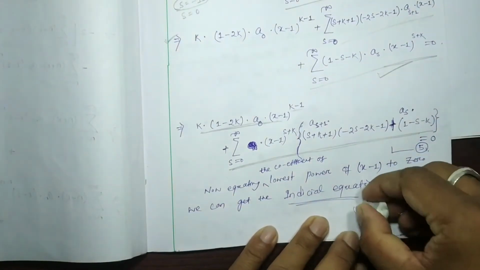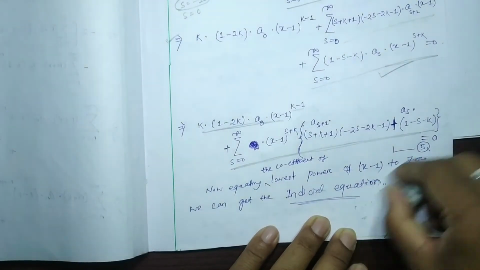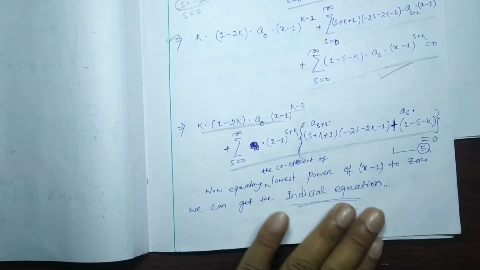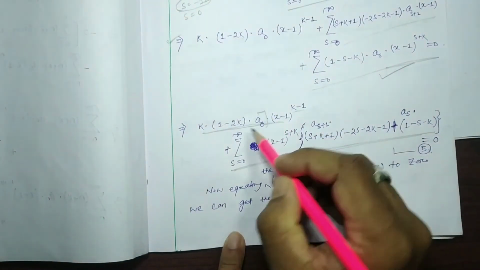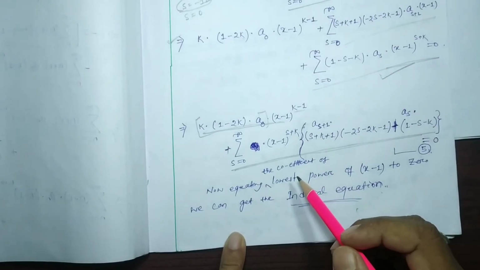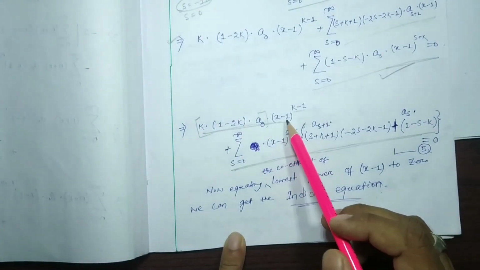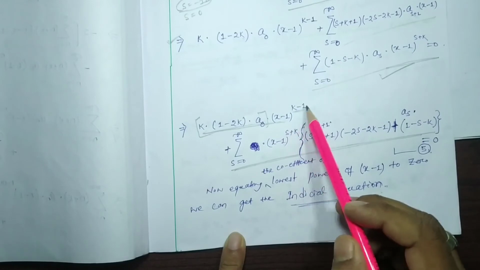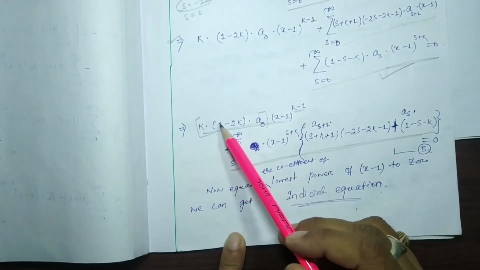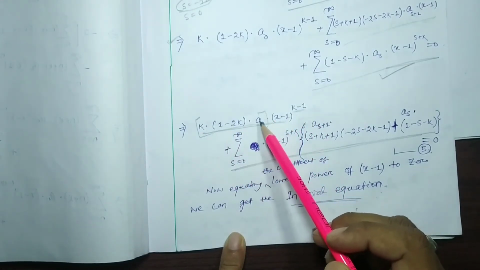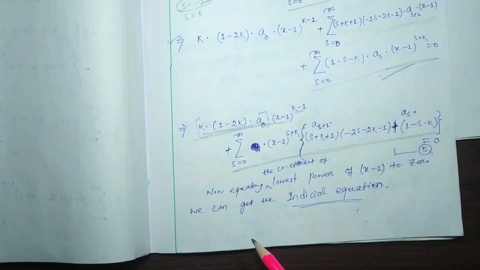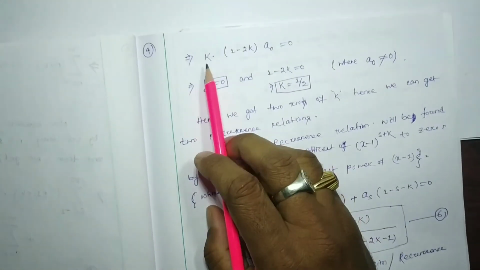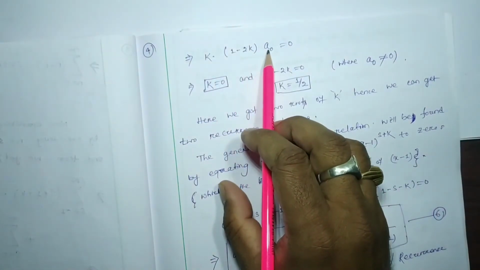What is the coefficient of the lowest power of (x minus 1)? The lowest power is k minus 1, and its coefficient is k into (1 minus 2k) into a0. This is equal to 0, and that equation is called the indicial equation: k(1 minus 2k) a0 equal to 0.